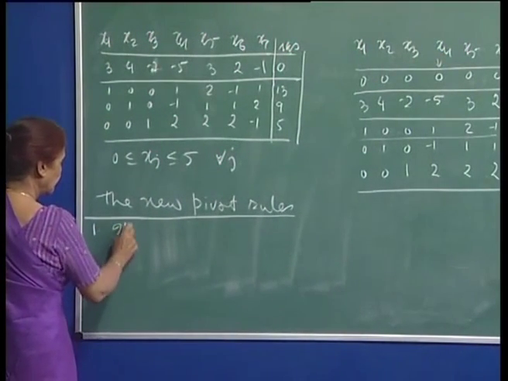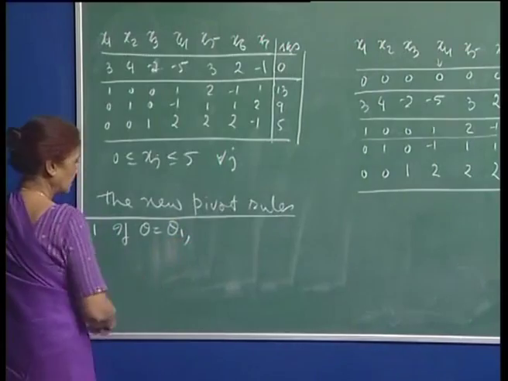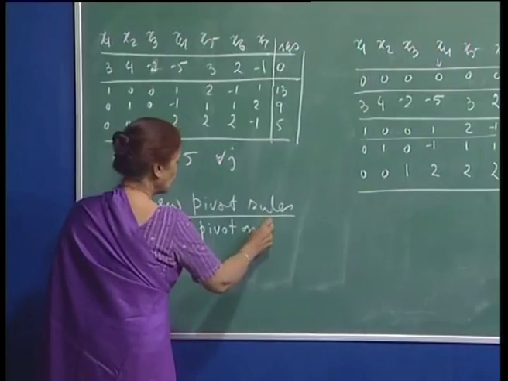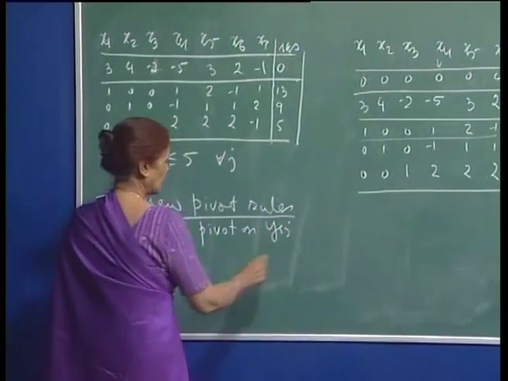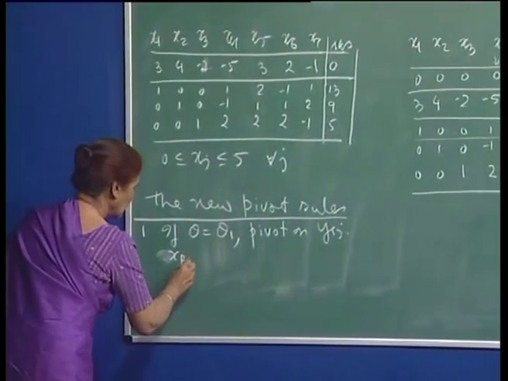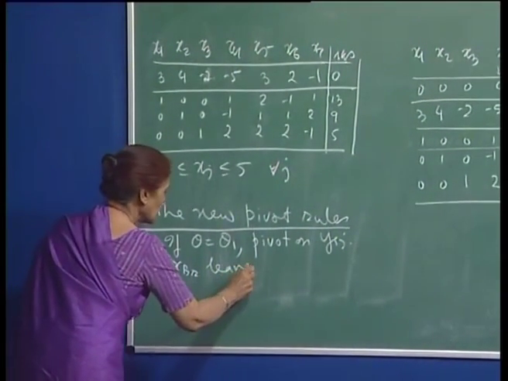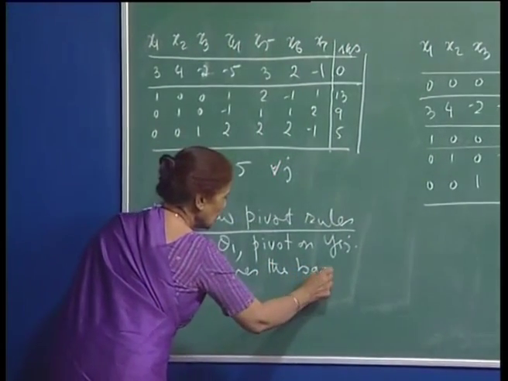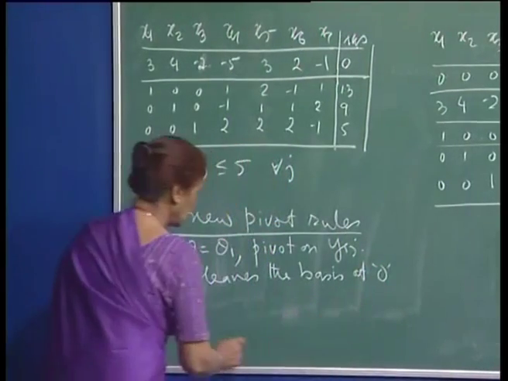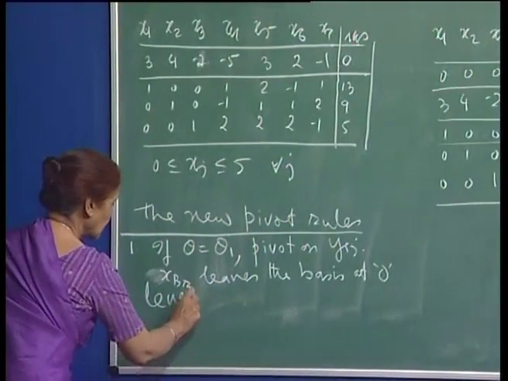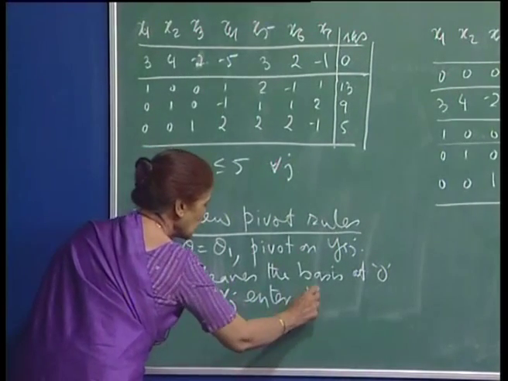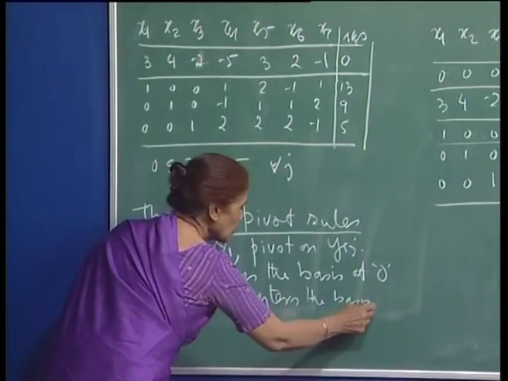First, if theta is theta 1, pivot on YRJ, XBR leaves the basis at 0 level, and XJ enters the basis.